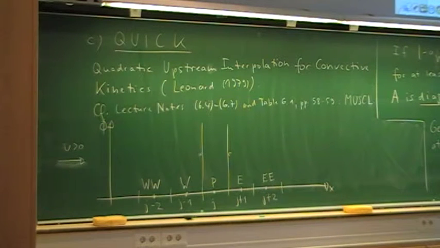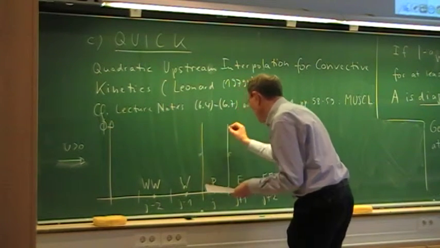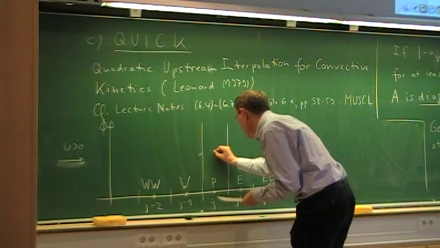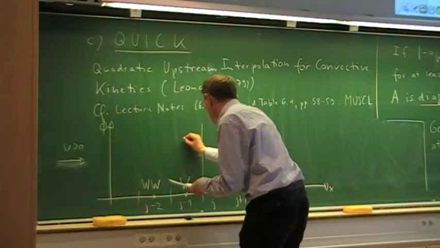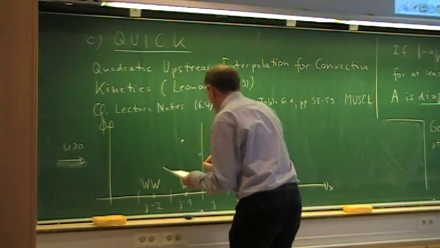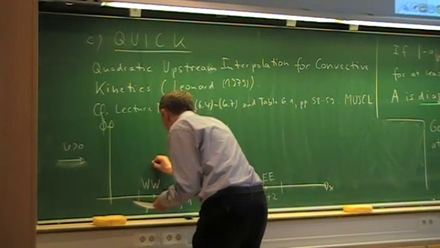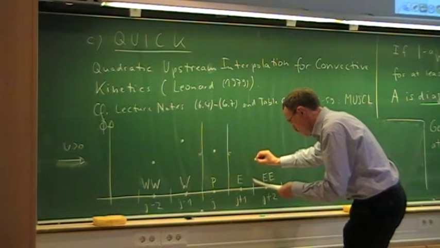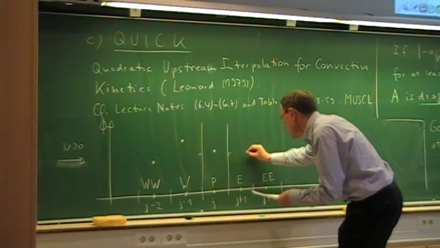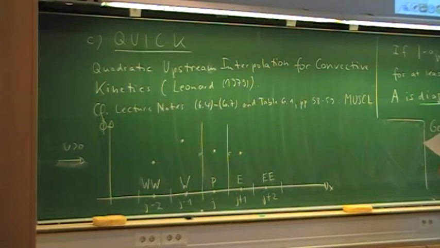And what we need there is now not only the value at the node P. Say we have a value here at W, and in WW, and some value at E. If we have only flow from left to right, it's only these that we need.